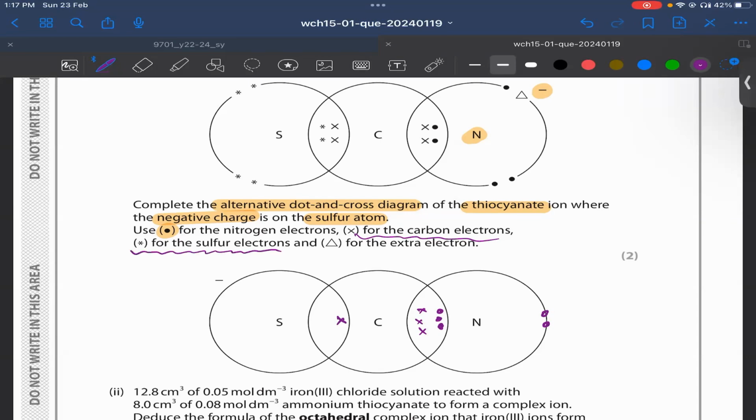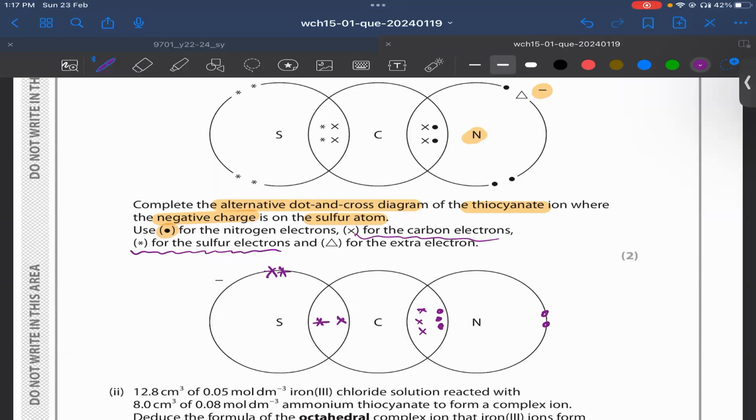Stars for the sulfur electrons. Sulfur is sharing one electron with carbon, and it has 6 electrons in its valence shell. So 1, 2, it has 4. And because we know sulfur will form how many bonds? 2.